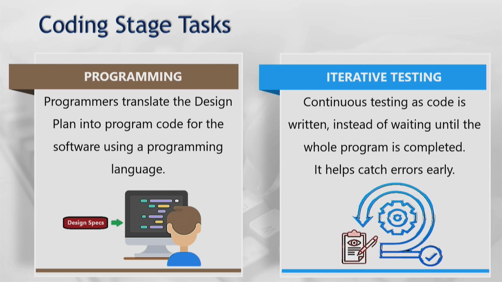Iterative testing refers to continuous testing as code is written. This means small subprograms are tested as soon as they are written instead of waiting until the whole program is completed. Iterative testing helps catch errors early in the stage.